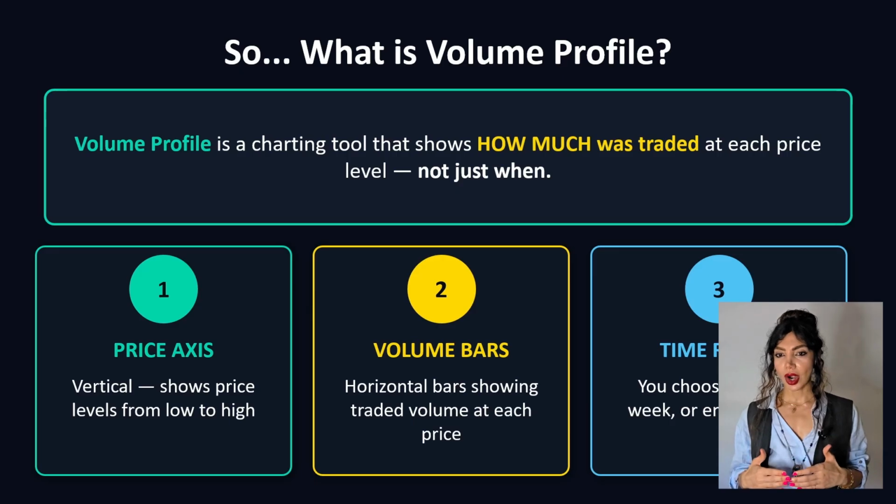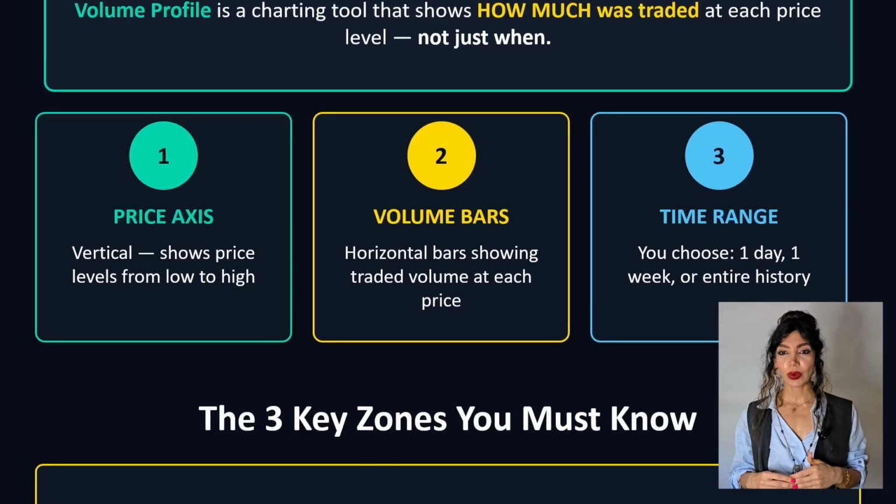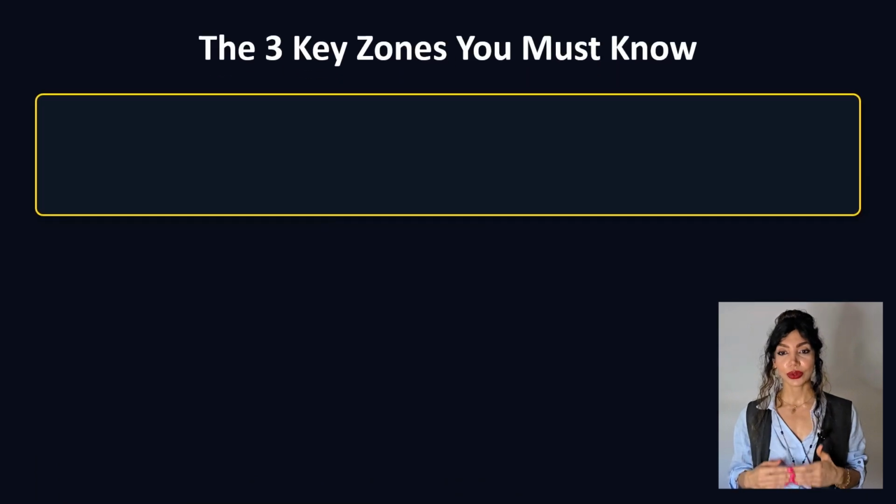The longer the bar, the more volume was traded at that price level. Number 3, the time range. You choose how much history you want to analyze. 1 day, 1 week, 1 month, or even the entire trading history of an asset. That's it. Simple concept, but incredibly powerful when you know how to read it.